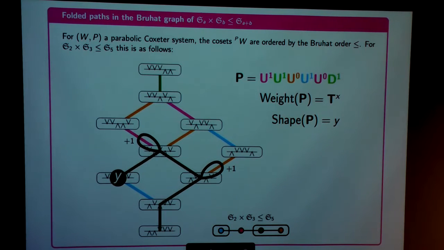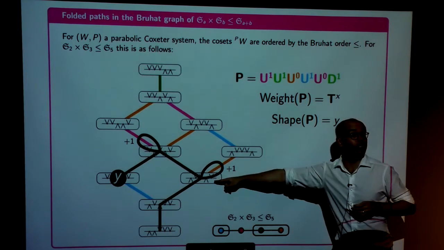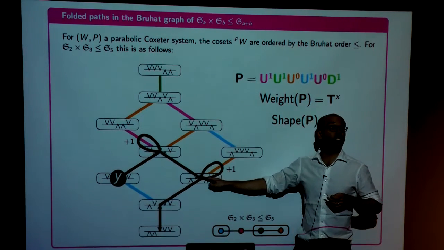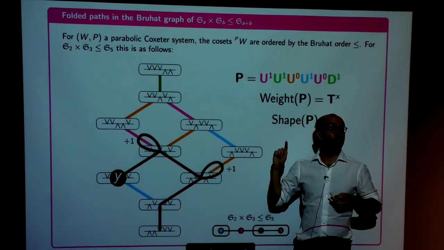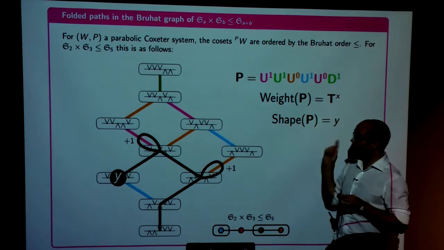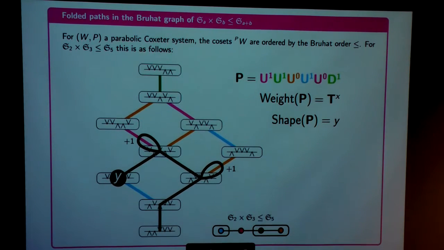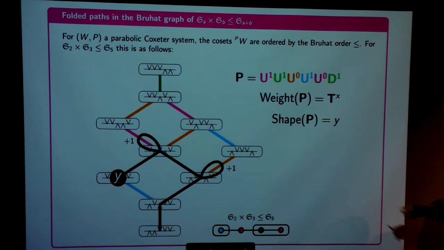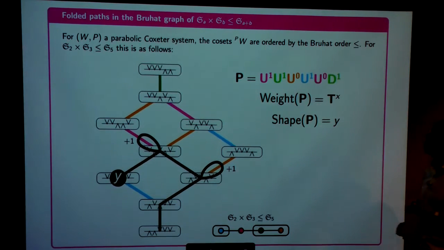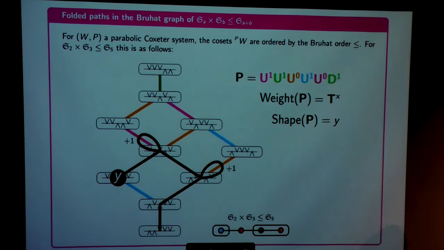Is there a distinction between up 0 and down 0? Oh, so you mean in here? So up 0 is when I didn't go up. Is there a down 0? Oh, down 0, let's see. Oh, and notice that I put +1s whenever there was an up 0, because that's going to contribute to the degree by adding to it by 1.